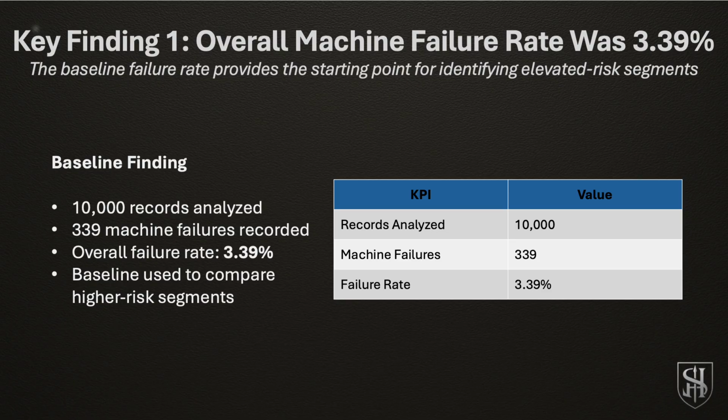Once the baseline is established, the analysis can determine where the risk is concentrated and whether certain machine groups fail at a much higher rate. The key takeaway from this slide is that the overall failure rate provides the starting point for the analysis. The baseline appears modest, but it allows us to identify the segments where machine failure risk rises above normal operating conditions.